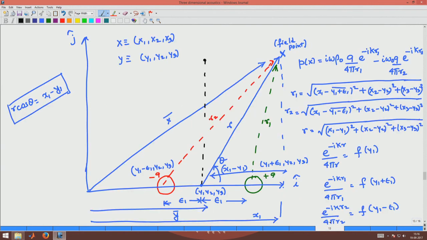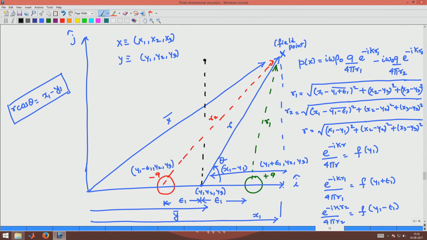So, I would close this class with this remark: today we have derived the monopole and the dipole expressions. The dipole expression was derived with the simplistic assumption that the dipole axis, which is the line joining the two monopoles, is aligned with one of the coordinate axes, which simplifies the calculation.